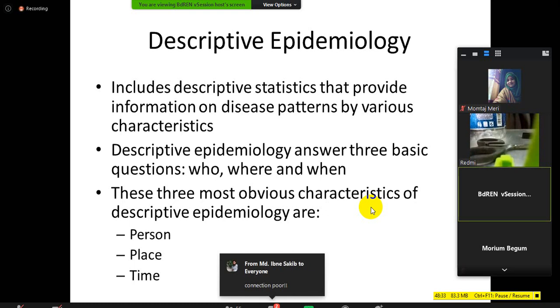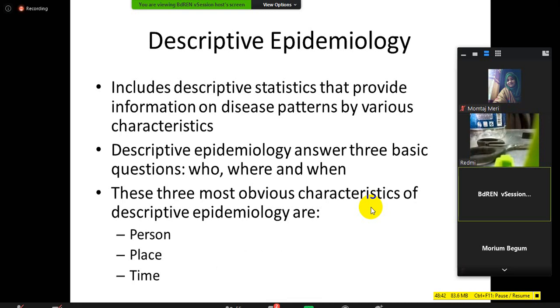Third one is, where do they live? These three questions are very important: who, where, and when. When you answer these three questions, you are dealing with descriptive epidemiology. So descriptive epidemiology gives answers to these three questions.